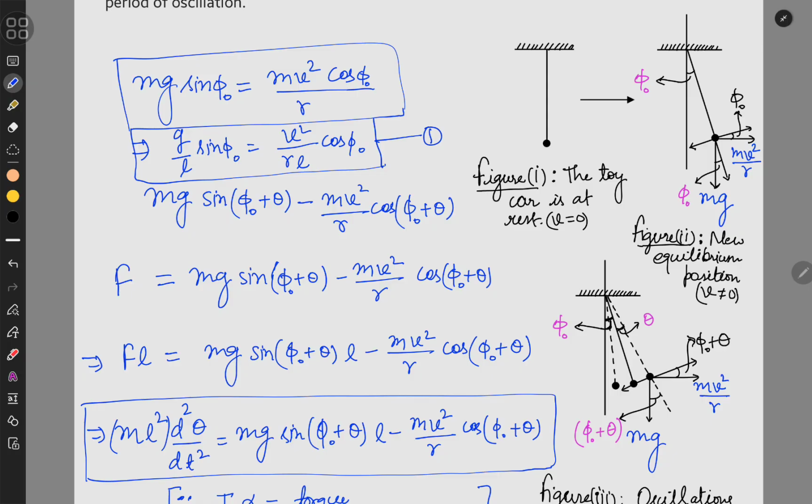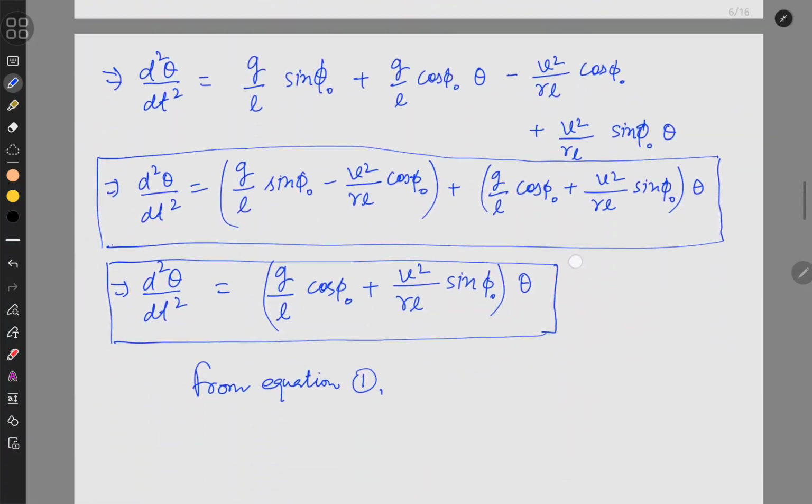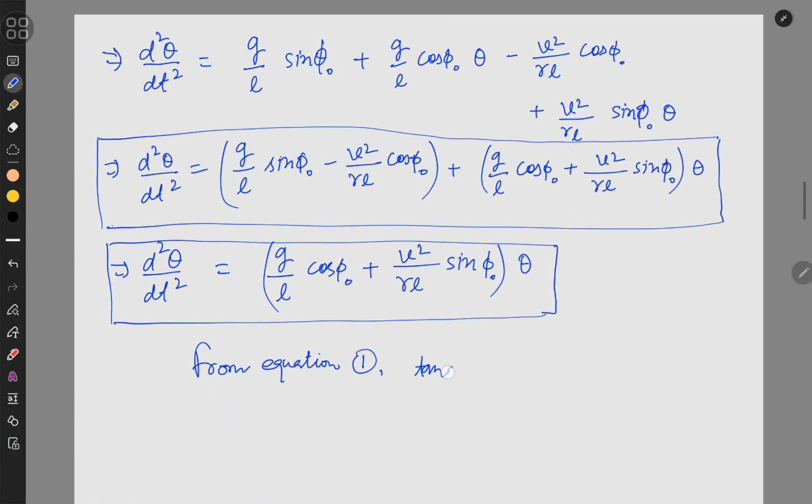If we take the cosine of phi naught to the denominator on the left hand side and the coefficient of sin phi naught towards the right, then we get tan phi naught equals v squared upon RL divided by g upon L, so we will be left with v square upon RG. So from equation 1 we get this.